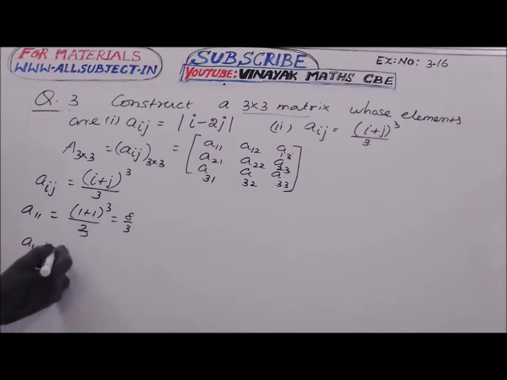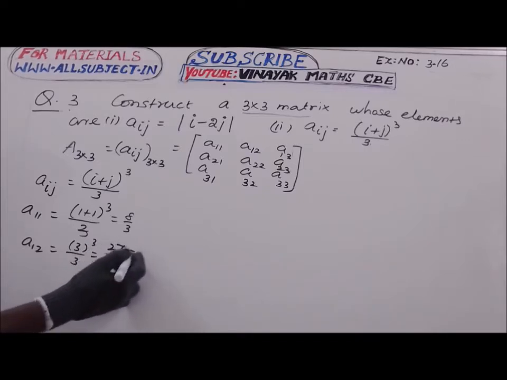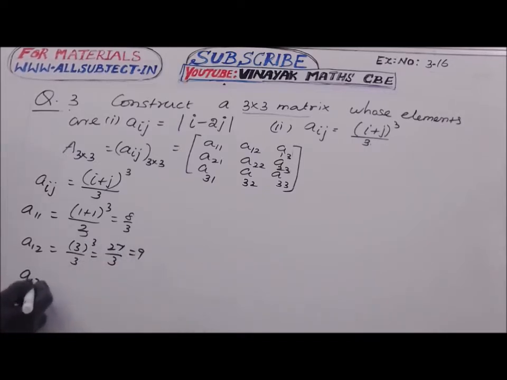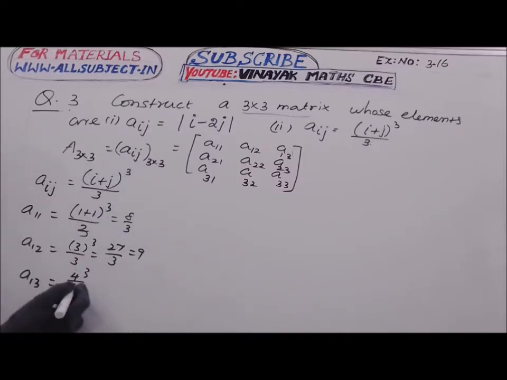And a12 means (1 plus 2) is 3, 3 cube divided by 3 equal to 27 by 3 equal to 9. a13 equal to 1 plus 3 is 4, 4 cube by 3 equal to 64 by 3.